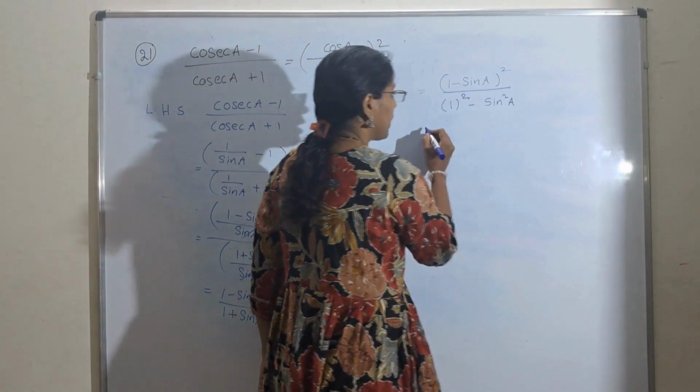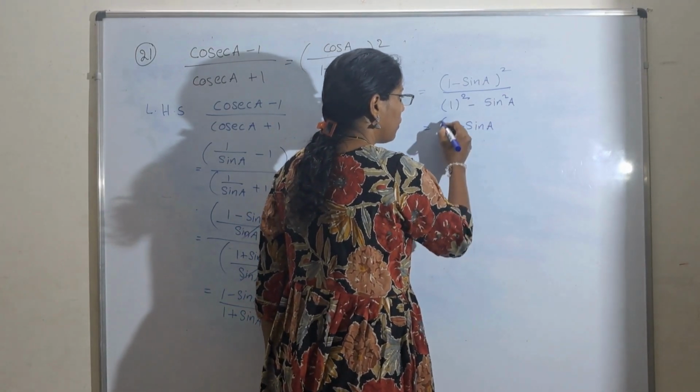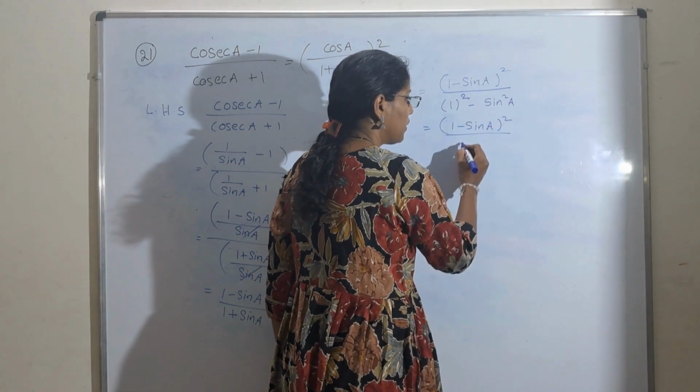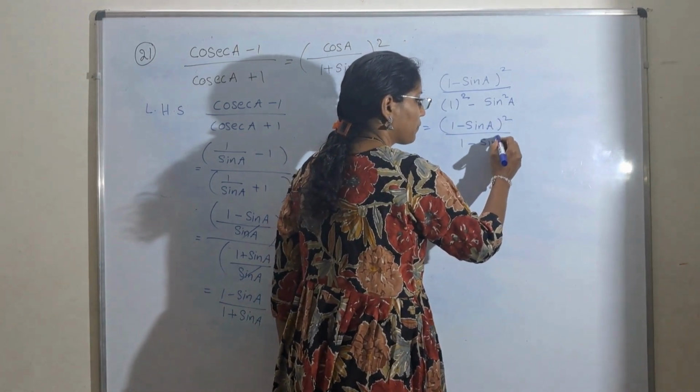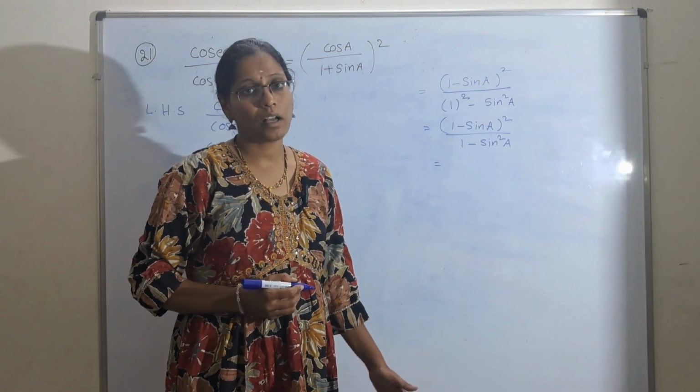Sin square A. Numerator 1 minus sin A whole square by here 1 minus sin square A. 1 minus sin square, what we can write? Cos square.